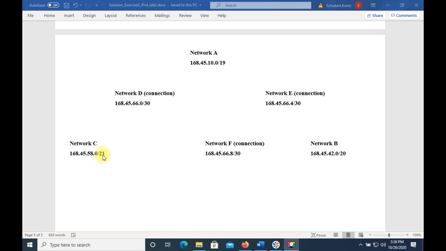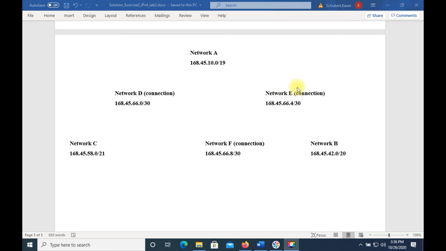168.45.58.0 /21. Bit number 21 is in the third byte, it's worth 8, so we must add 8 to the third byte to get to network D's network address of 168.45.66.0. But now we change the subnet mask to /30. Bit 30 is in the fourth byte, so we must add 4 to the fourth byte to get to the next network address.